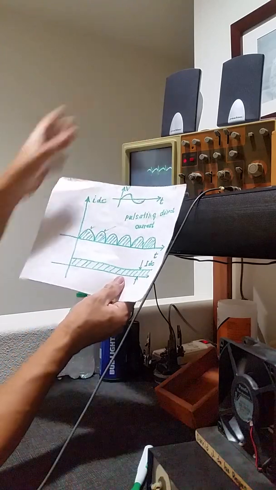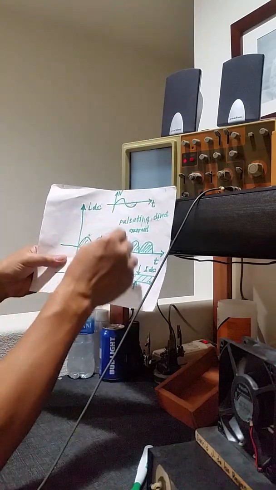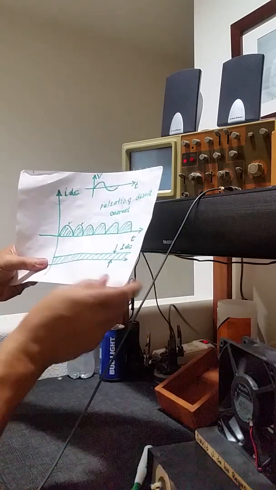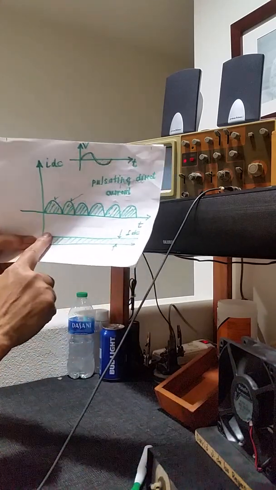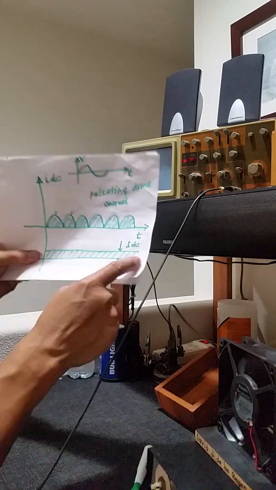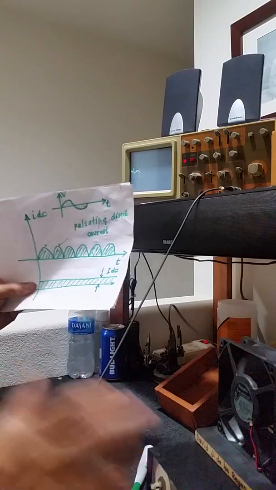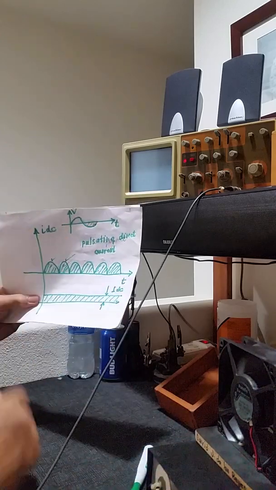It's the same, right? Pulsating direct current. For a pure direct current, it's not like that. It should be something like this. But to attain this, the power supply should be a battery, not a rectifier circuit.